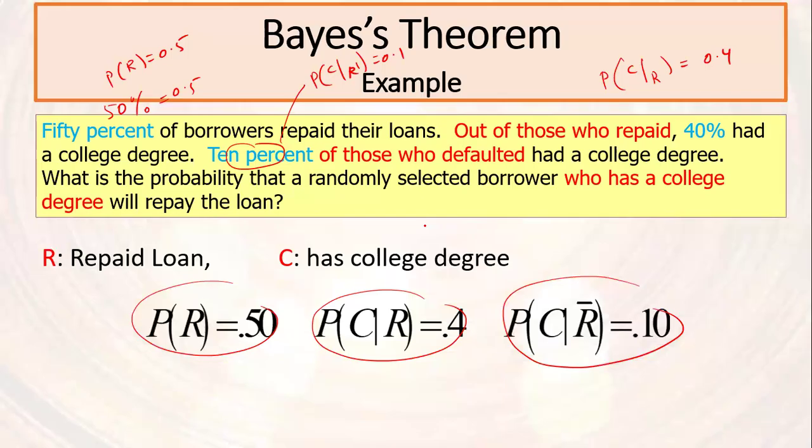So what is it asking you actually? The probability that a randomly selected borrower who has a college degree will repay. So he has a college degree, will repay. He's asking you to find that. So the probability that he repays, given that he has a college degree.